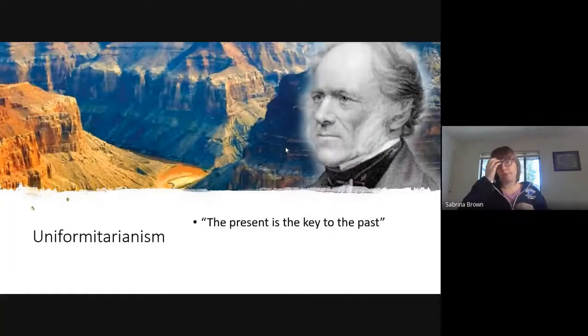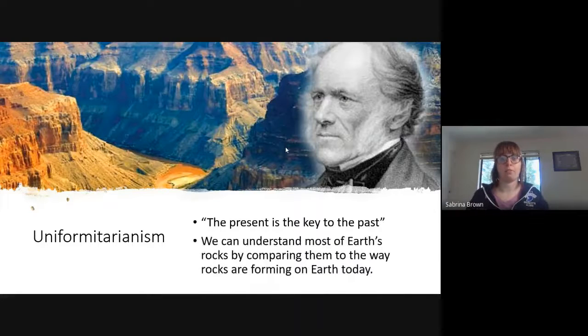So first, we have to talk about the principle of uniformitarianism, which is always summed up and stated as: the present is the key to the past. And so what this means is that we can understand most of Earth's rocks by comparing them to the way that rocks are forming on Earth today, right? So we can go out in the field, we understand how rocks are forming due to glaciers and rivers and in the ocean and in the bottoms of lakes and in deserts, right?